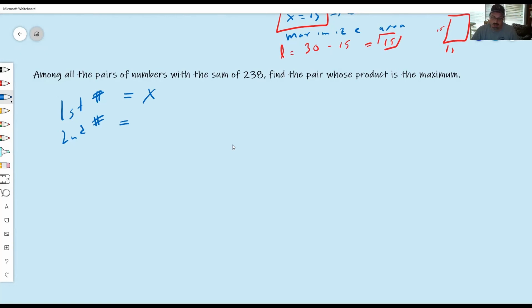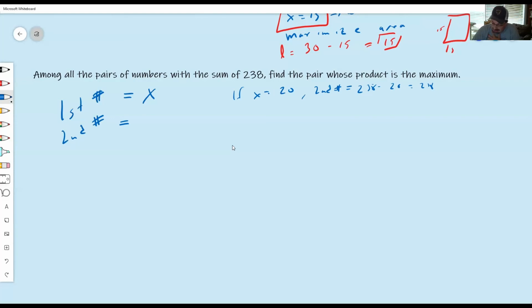But if x was 20, right? If x equals 20, then the second number would be 238 take away 20, or 218, right? So I don't know what it is, but suppose it's true.